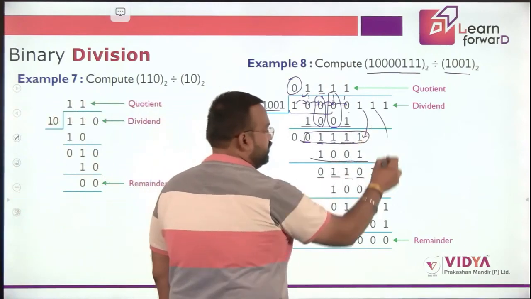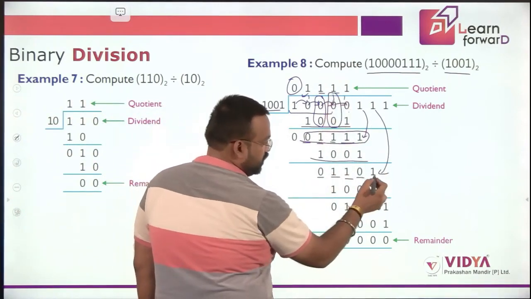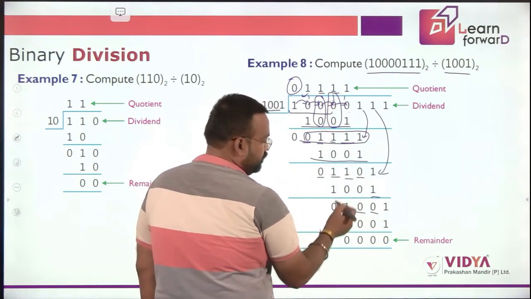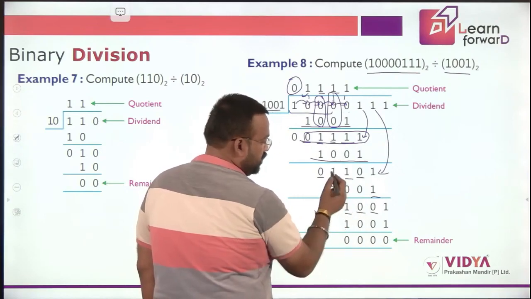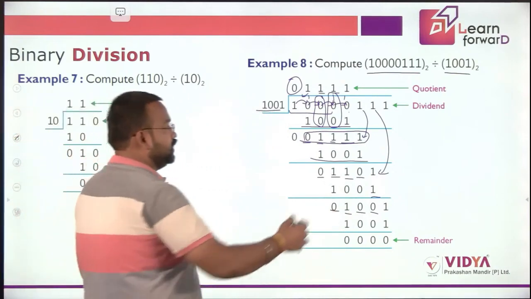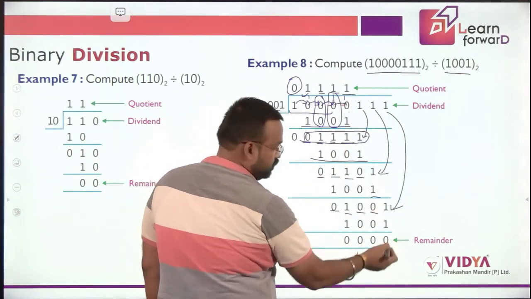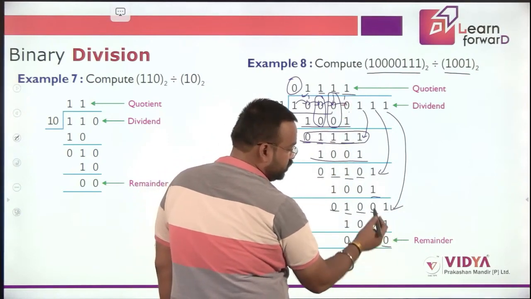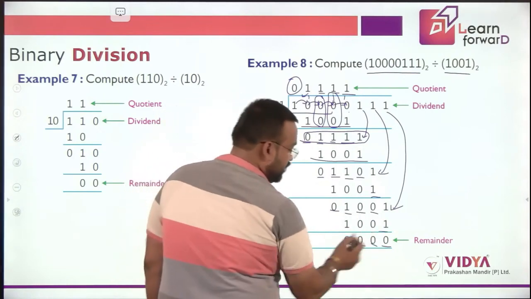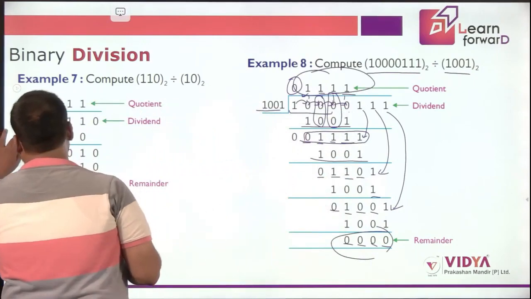Again take 1 from here, again it will go one time, so now 1 minus 1, 0, 0 minus 0, 0, 1 minus 0, 1, and 1 minus 1, 0. Clear? Now take this last one, it can go directly with 1, so when you subtract, 1 minus 1, 0, 0 minus 0, 0, 1 minus 1, 0. So we get remainder 0 and we get the quotient 1 1 1 1.